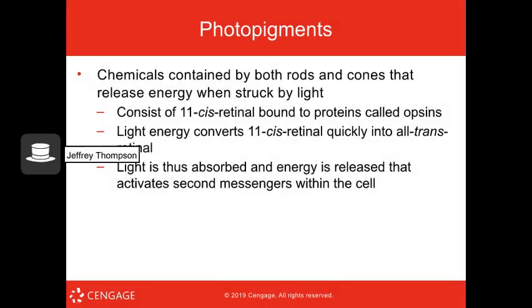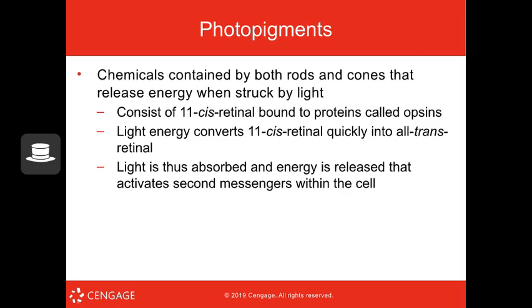So photopigments are the thing that allows light to be converted to the chemical signal that our brain uses. There's something called 11-cis-retinol, and it's bound to proteins called opsins. The light energy that we receive converts 11-cis-retinol into all-trans-retinol.